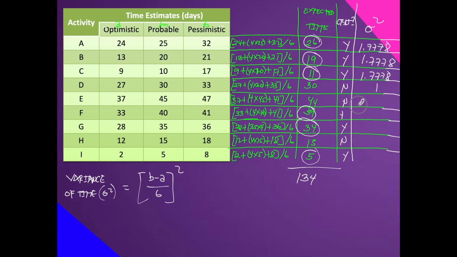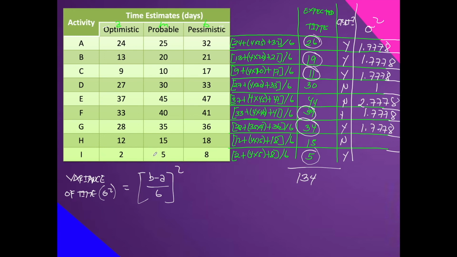So, this one is a little different, 2.7778. For activity F, we have 41 minus 33 over 6 squared, 1.7778. Activity G, we have 36 minus 28 over 6 squared. The same again, three 7s then 8.